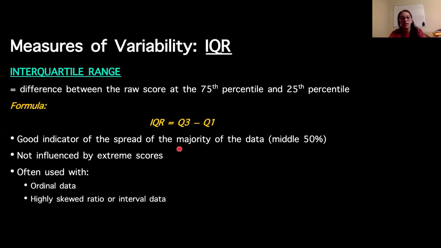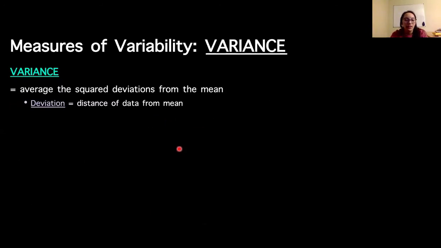Cool. Okay. So then we go into variance, which some of you may have heard of before. Okay. The book defines this as the average squared deviations from the mean. Okay. So deviation just means, like, think of a juvenile delinquent whose deviant behavior gets them in trouble, right?